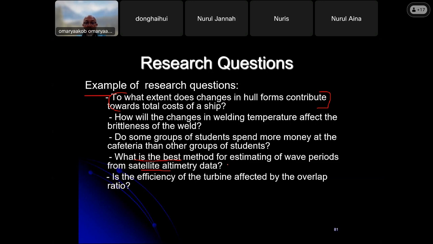So what should be the research objectives? The theoretical calculation method.